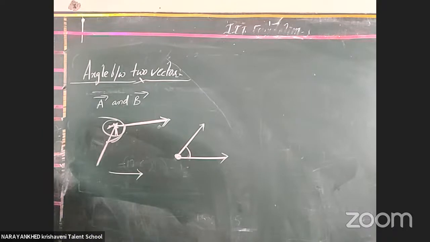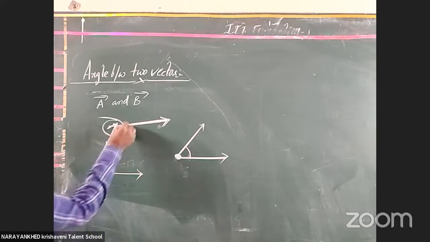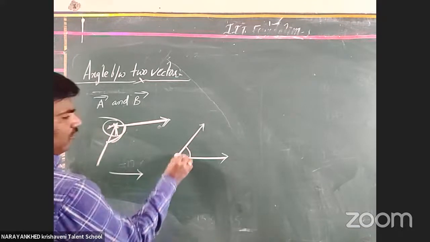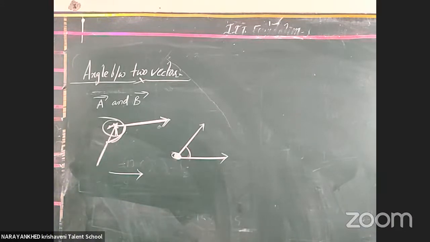At that time we get the angle between them. When head and head coincide, we get one angle, and when head and tail coincide, we get another. When head and tail coincide, we take the external angle, but when two tails coincide, we take the internal angle.